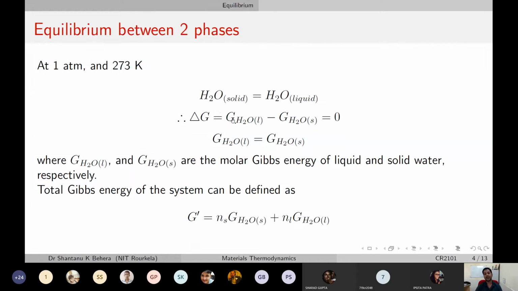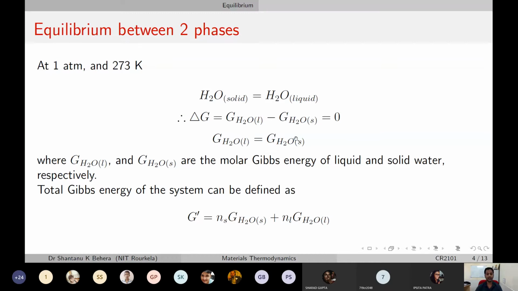That's delta G, and that is equal to 0, because they are in equilibrium. There's no process, no component disappearing and another phase appearing. All right, so that would mean that the molar free energy of water and the molar free energy of ice are the same. This of course refers to the molar free energy of solid and liquid water.